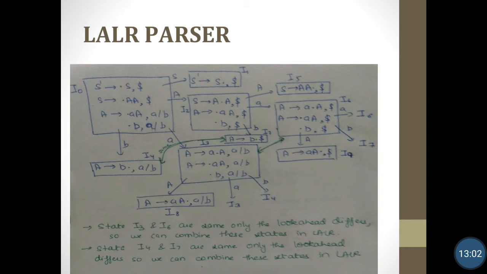After combining these states, we will have fewer states in the LALR parser compared to the CLR parser. But after combining the states, if we have a conflict, meaning more than one entry in our table, then that is not our LALR grammar.